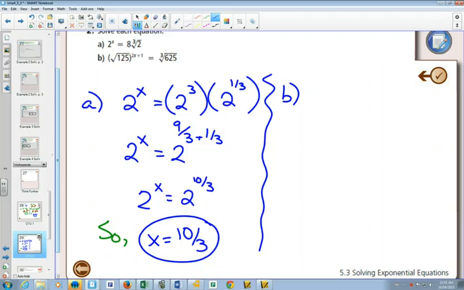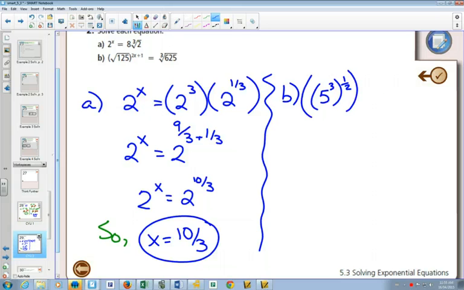For B, can we write all of those numbers with the same base? Powers of 5. So the 125 is 5 cubed. What do we do with the square root? That becomes a 1/2.